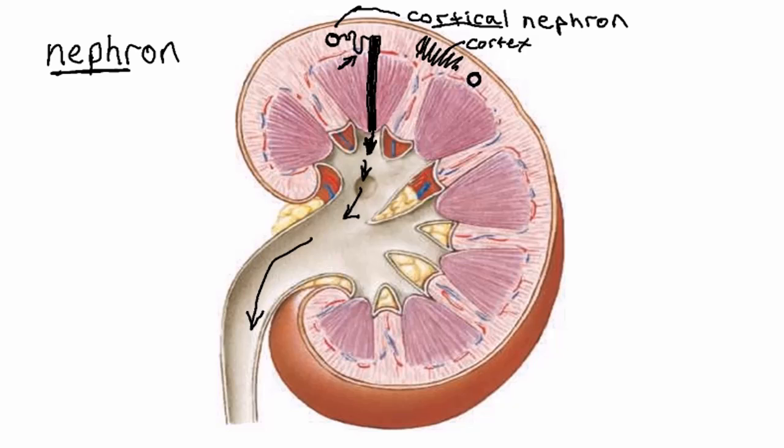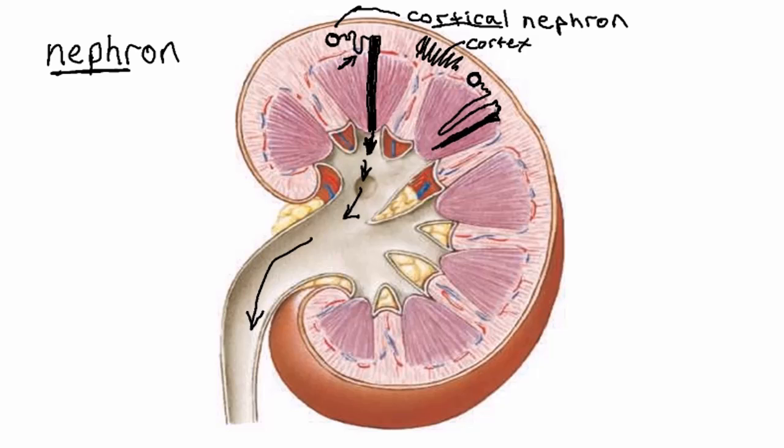That little sphere is still up there in the cortex, in the cortical region, and it's got a little loop-de-loop thing, but it loops down and it goes down deep into the medullary area, into the pyramid. And then it comes back up and empties into the collecting duct, another collecting duct.